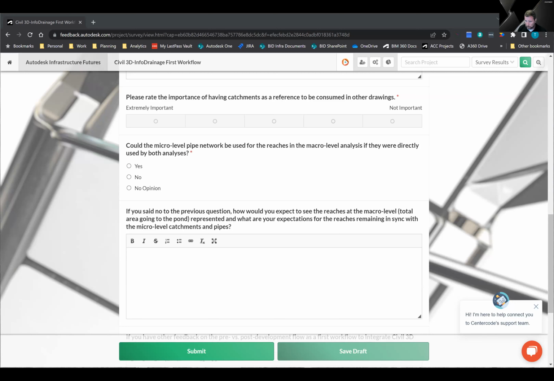Maybe there are regulatory reasons why not, or some other reasons. I know one thing brought up was that people do that just because they don't want to change the storage design flows when you change a pipe slope or something. But if it's all the same model today, that might not matter as much.